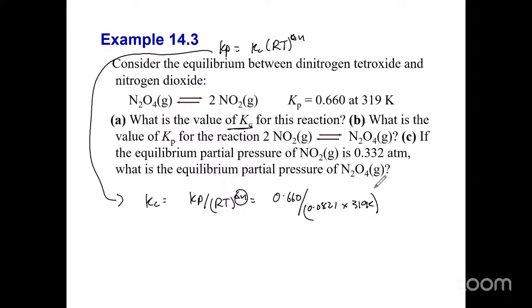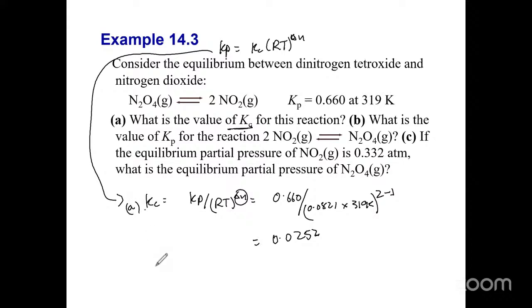So basically delta N here would be 2 minus 1, which would obviously be equal to 1. So 0.66 divided by 0.0821 times 319. Okay, so according to my calculation, the A part works out to be 0.0252. All right, so that's the A part.